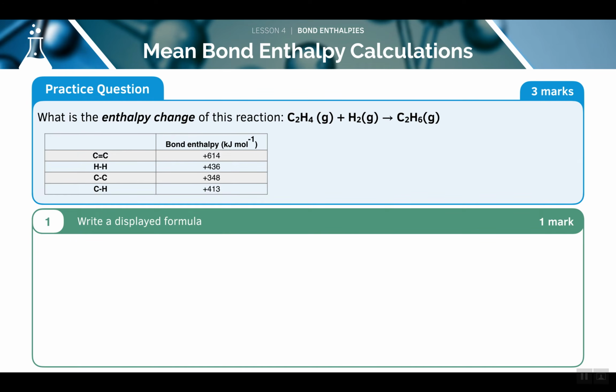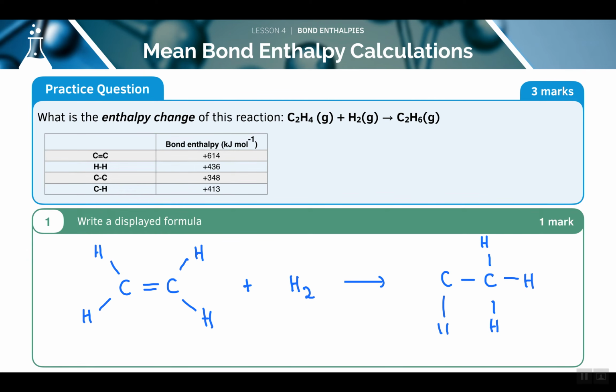In this instance, we would have C double bond C with 4 H's plus H2 going to C with 6 H's. This is the visual representation of this reaction here.